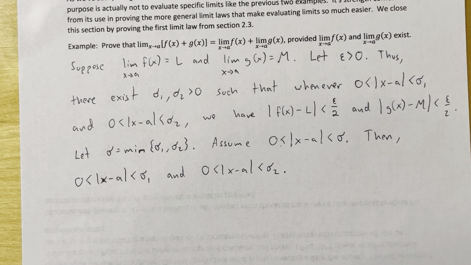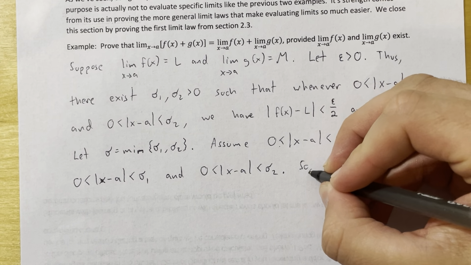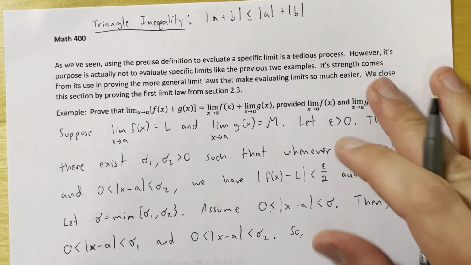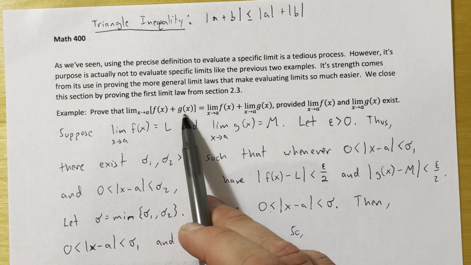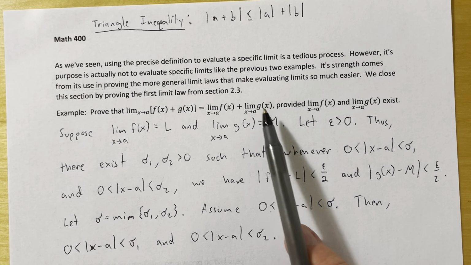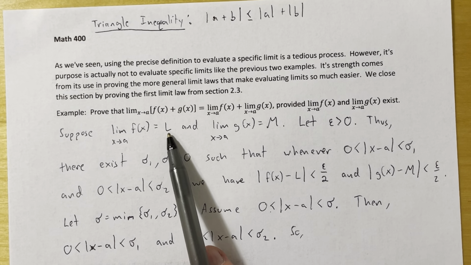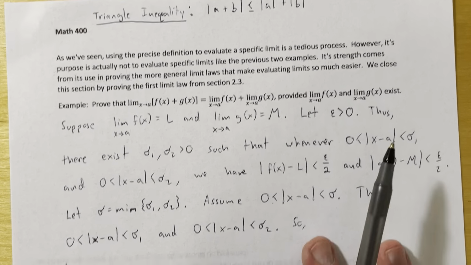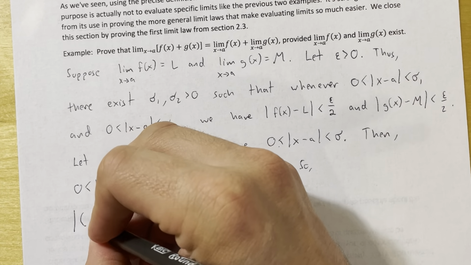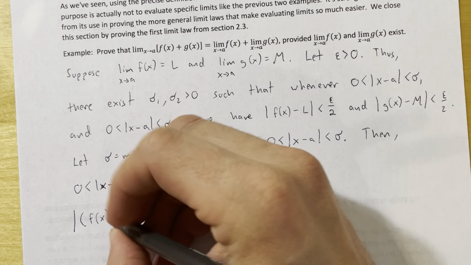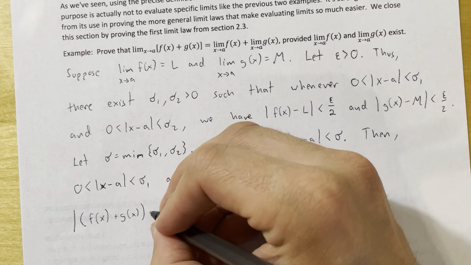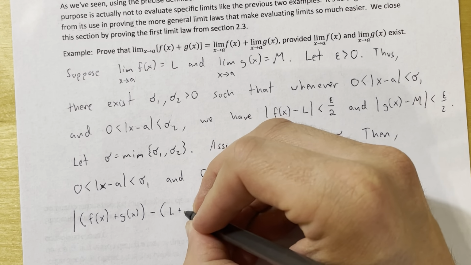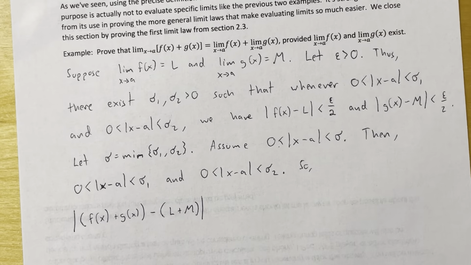Now I need to set up the statement that's going to involve my epsilon. Look at the limit we're trying to prove. It's a new function that we get by adding f of x plus g of x, and we're saying it should equal the sum of the limits of these two functions, which is the same thing as L plus m. So I'm going to write the absolute value of f of x plus g of x minus what I'm supposing the limit would be, which is L plus m.